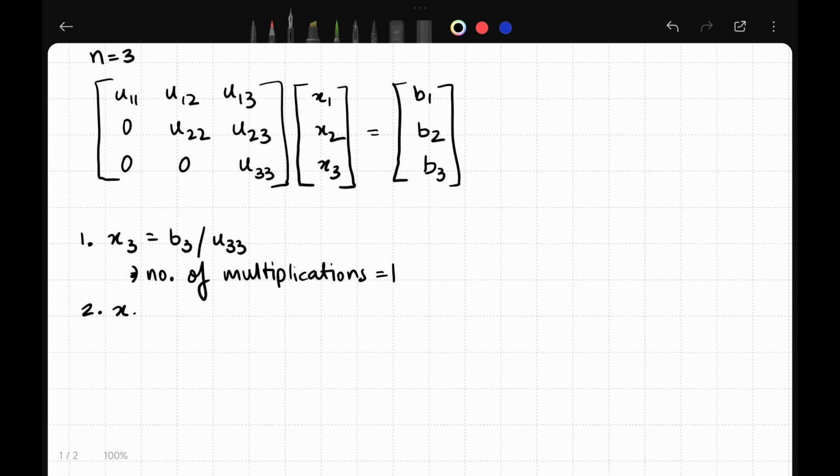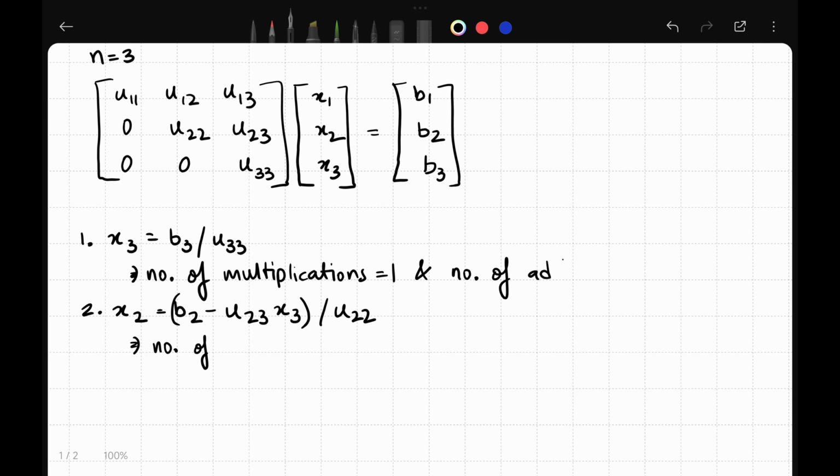Now for finding x2, we'll have to do b2 minus u23 times x3, and the whole thing divided by u22, right? This is how you get x2, and here the number of additions is 0.